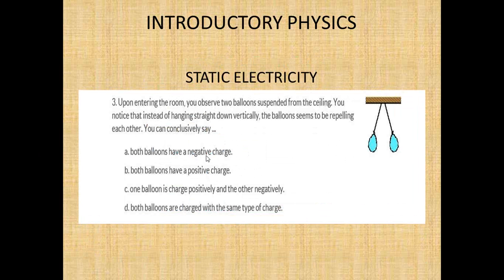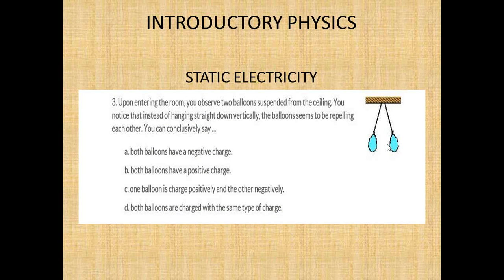Both balloons are negatively charged? We don't know that. Both balloons are positive? We don't know, it could be. One balloon is charged positive and the other is negative? Definitely not, because the balloons cannot have opposite charge, because we know that opposite charge is going to attract.